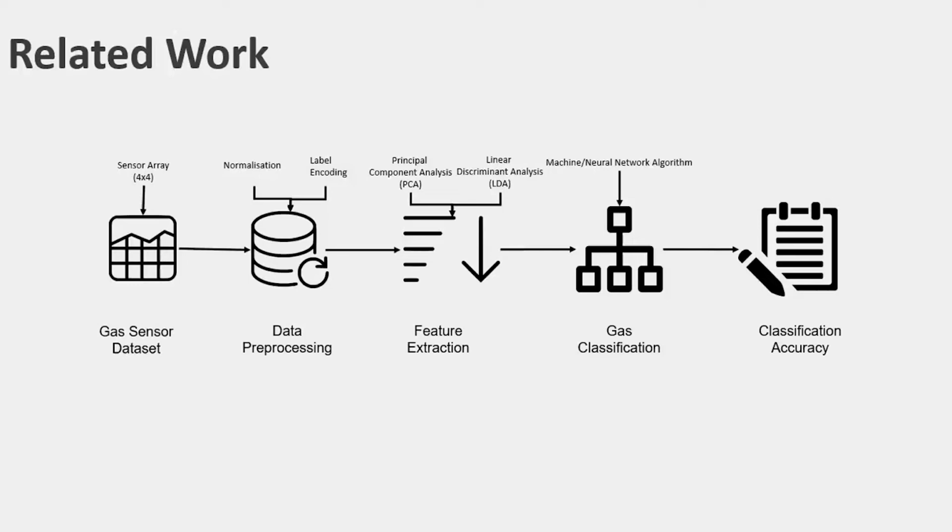This means that 16 sensors are used to collect this data set, and it is collected in a laboratory. Then this data set passes through data pre-processing, where it is normalized and labeled. In the normalization, they use two types of methods.